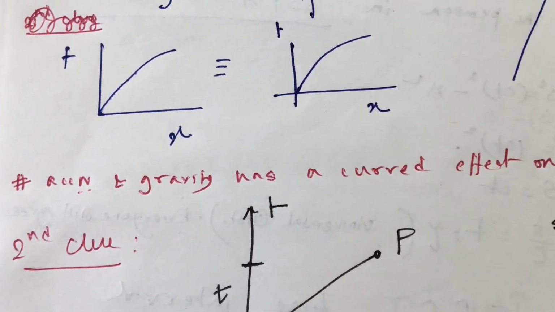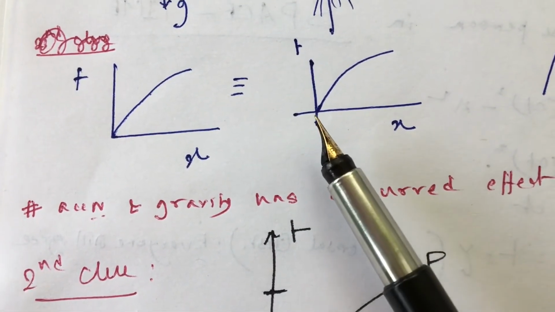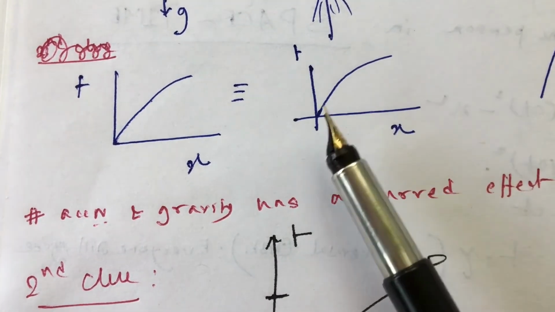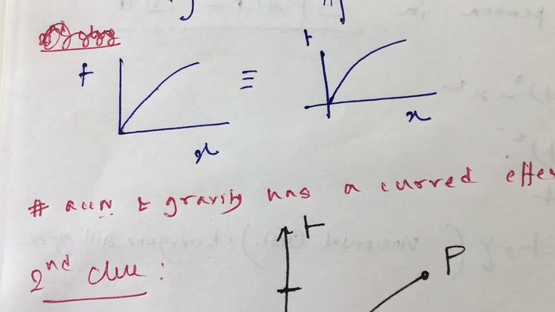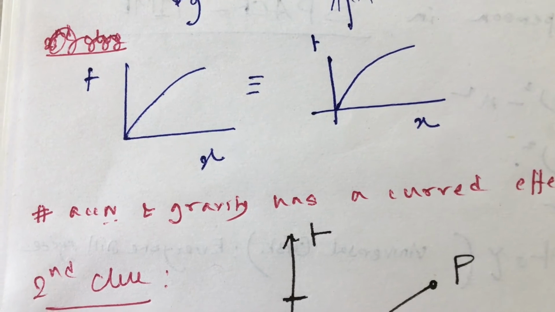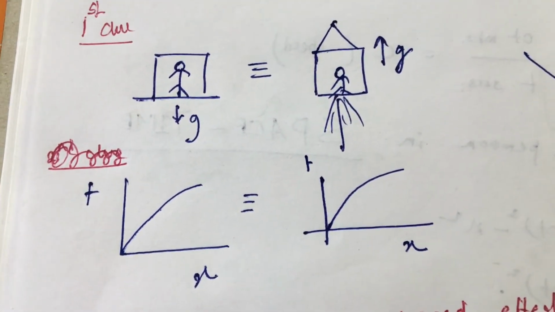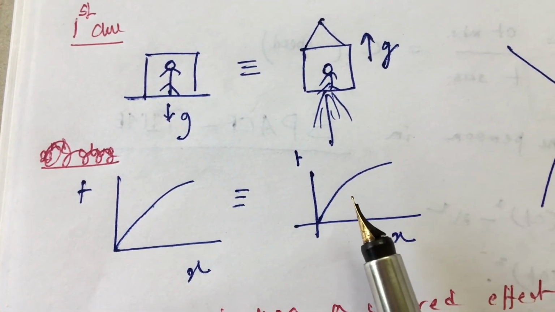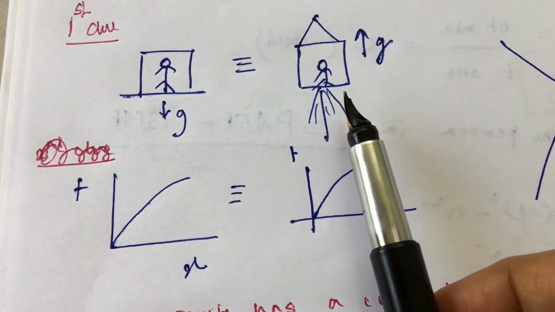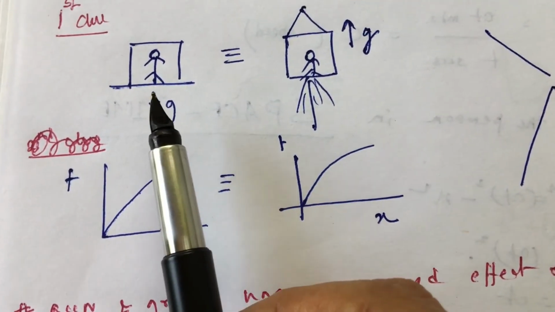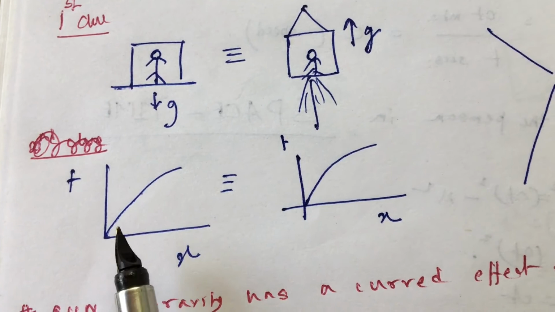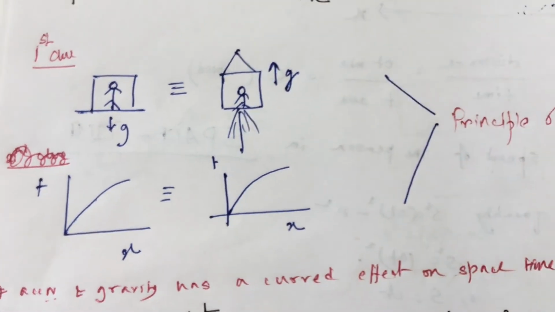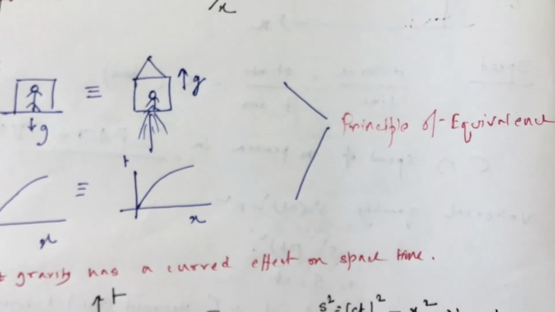And for acceleration, this type of curved path is traced out by the object, and from the equivalence principle, if this type of trajectory is experienced by this one, this person will also experience this curved path because of the principle of equivalence.